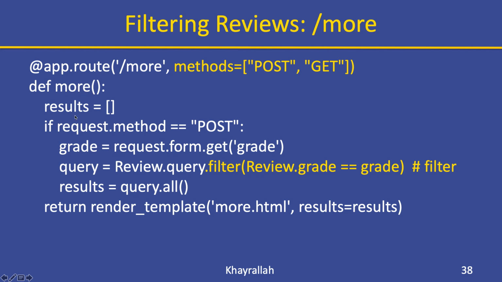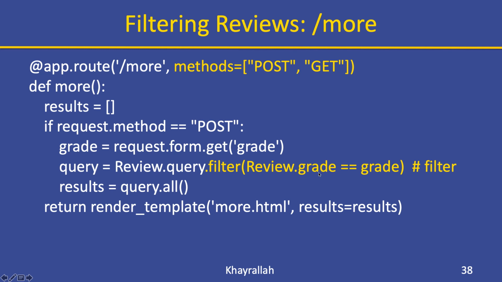Now we initialize an empty list, and then if the user hits submit, we get the grade submitted from the form, and then we invoke filter and specify the grade as our review.grade. So this is how we filter by grade.